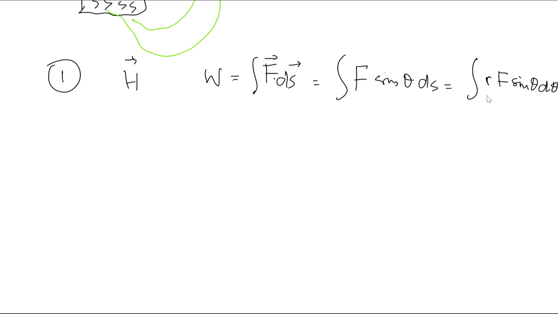Now if you look at this, then you would see R F sin theta is basically a torque applied to the material with a negative sign. So we can write that work is equal to negative torque d theta. Now torque, if you recall, torque applied to a magnetic moment in a magnetic field is M cross B, right?